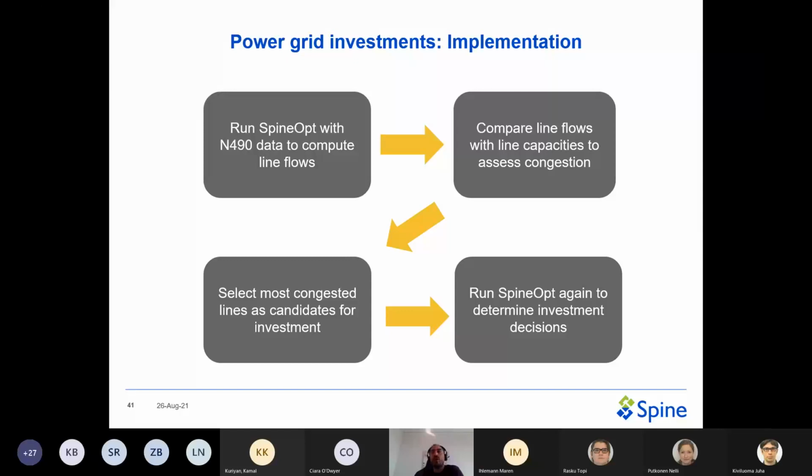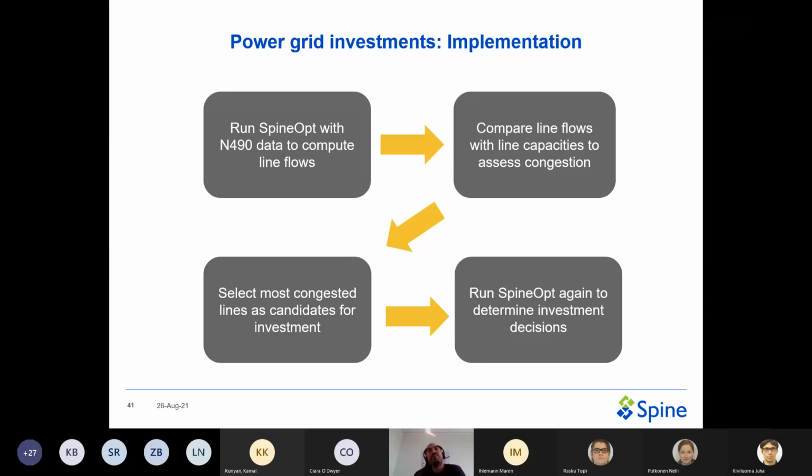So our approach is the following. First, we will run SpineOpt with the Nordic data and compute line flows. So no investments here, just operation. And we get results for the power that is flowing over the lines. Then we have a value for the capacity of each line from the same Nordic data.